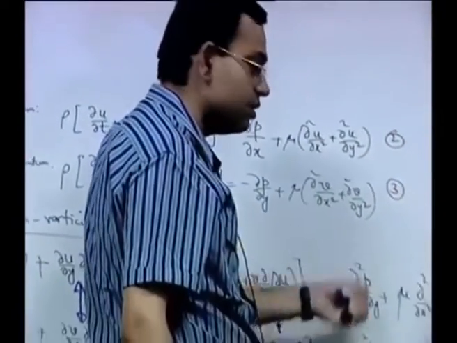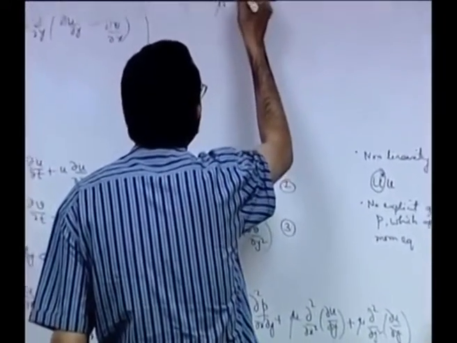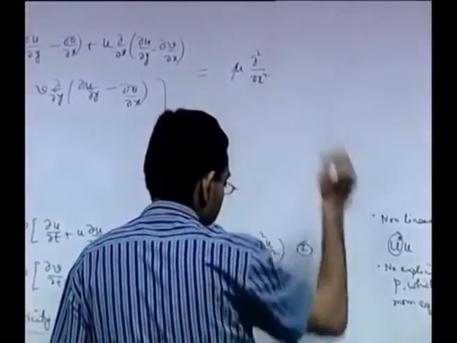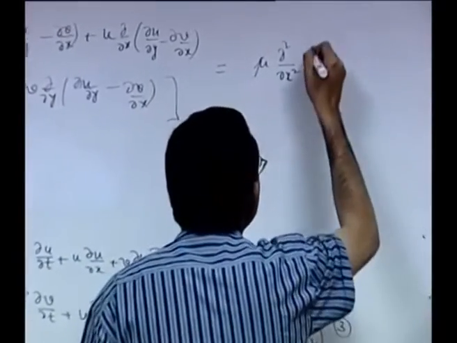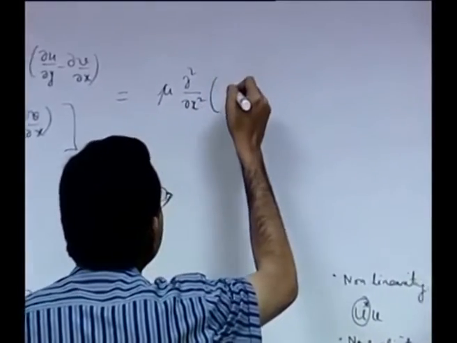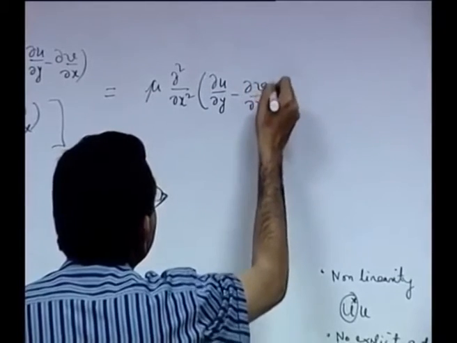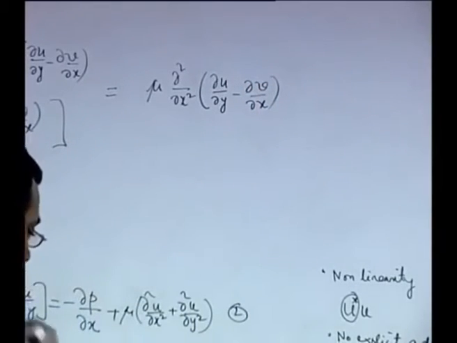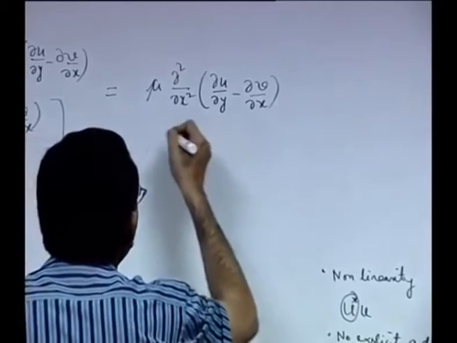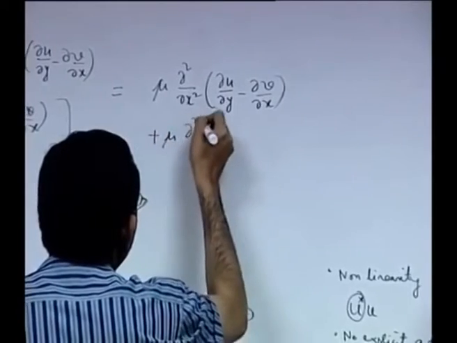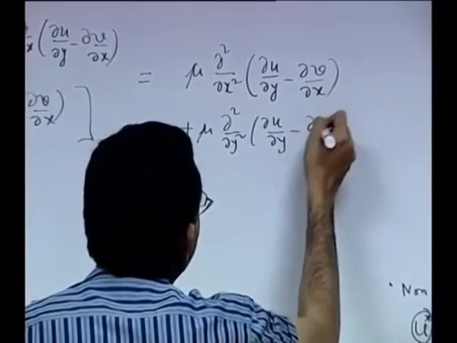First two terms cancel, then mu plus mu del 2 del y 2 del u del y minus del v del x.